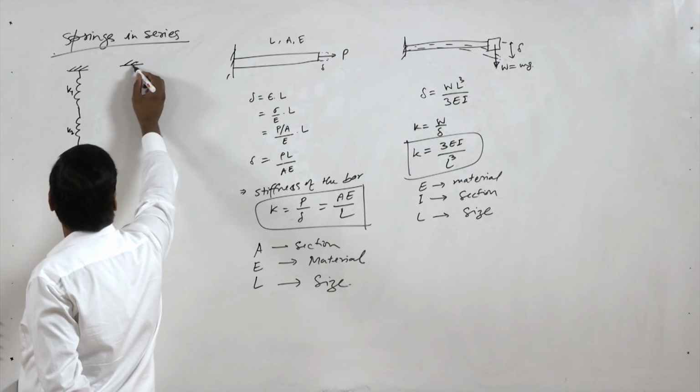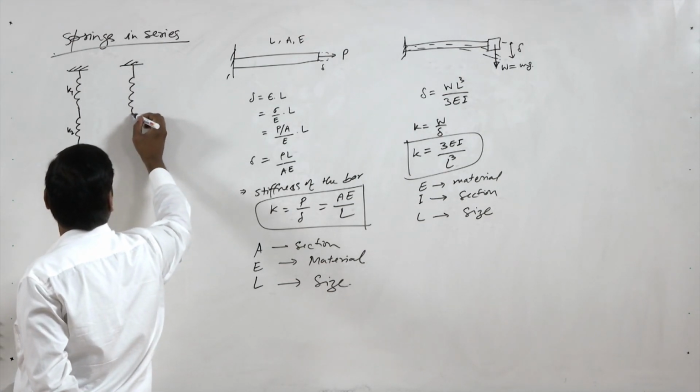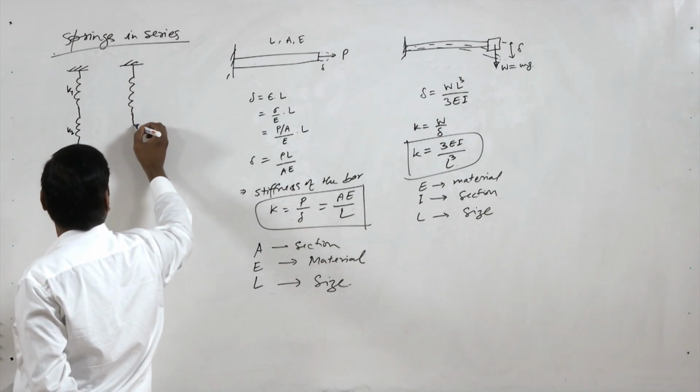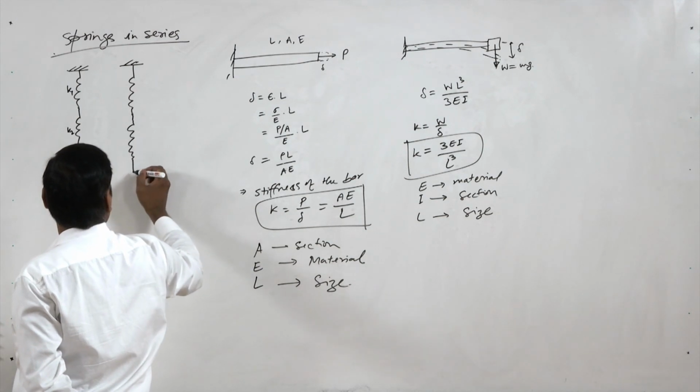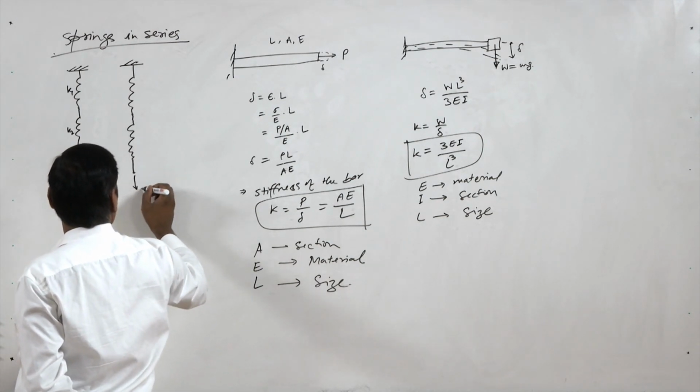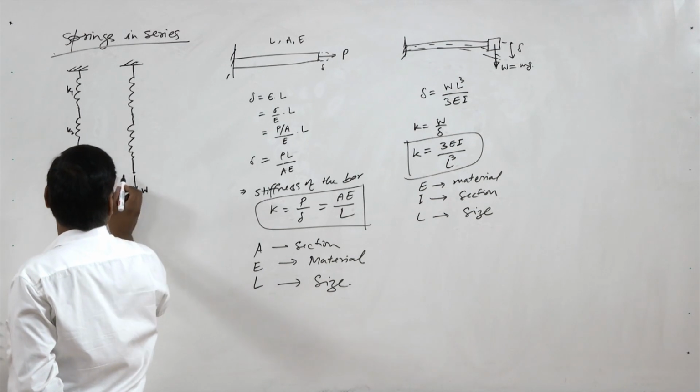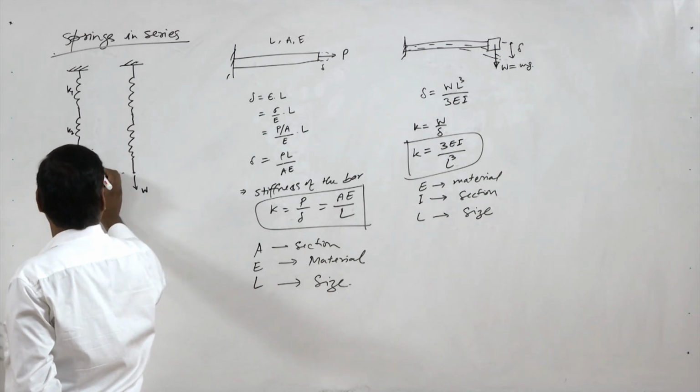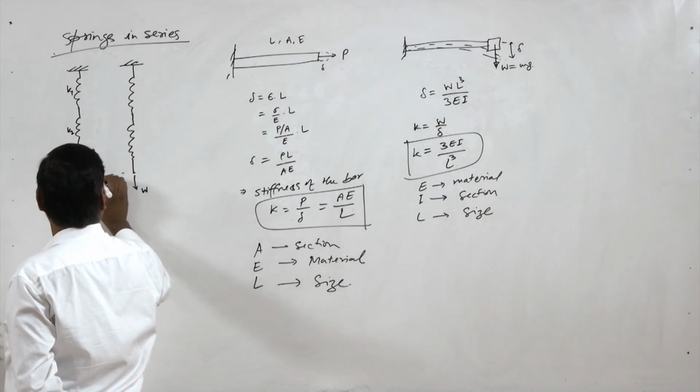Now we apply certain force W, and so they have certain elongation. So let's say this is delta.